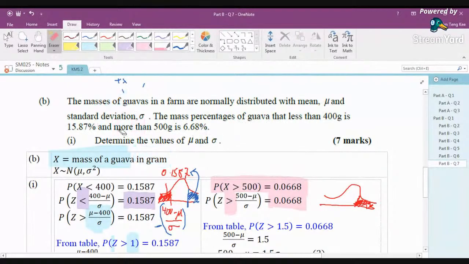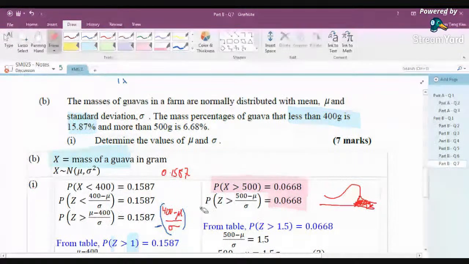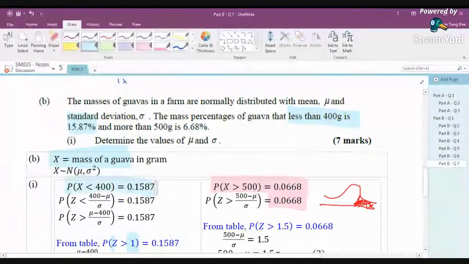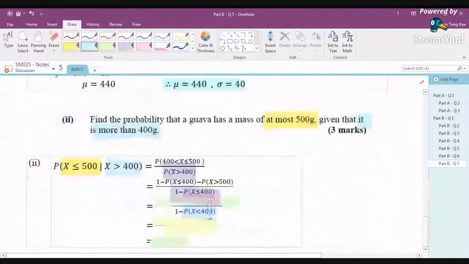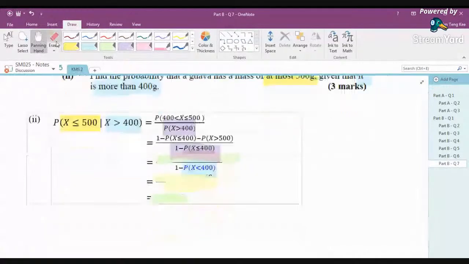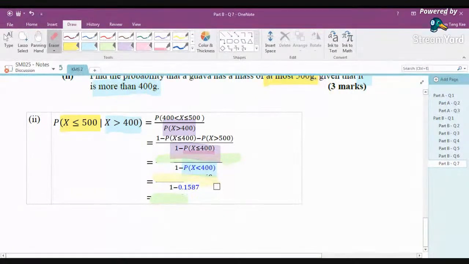We found from the question that for less than 400, we have the percentage as follows, and it provided the result just now that P(X less than 400) is 0.1587. So whenever I see the case of X less than 400, I will substitute directly. In my solution later, for the denominator, I directly substitute the value. I don't do standardization because there is a previous result.